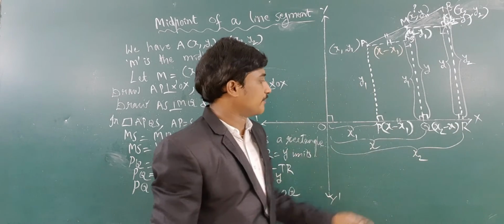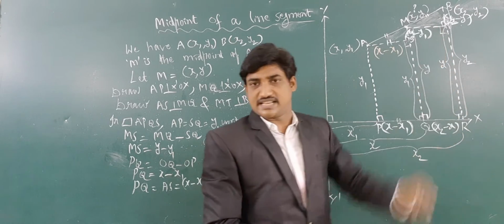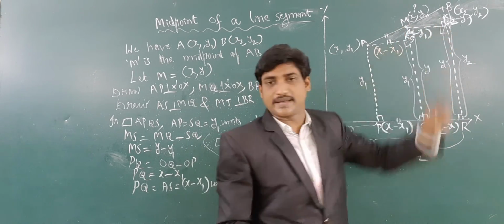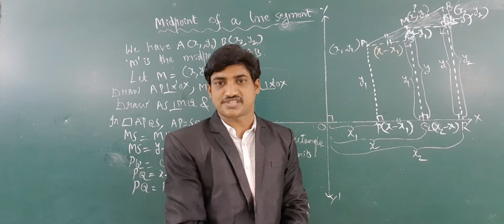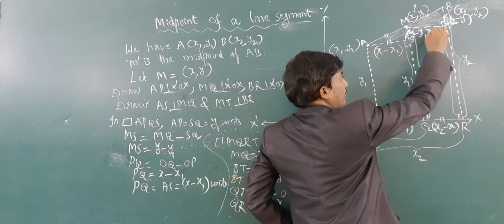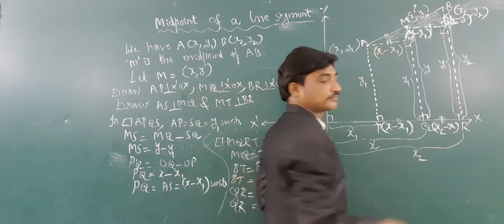It is very clear. In rectangle MQRT, QR and MT are opposite sides. Opposite sides in a rectangle are parallel and equal.